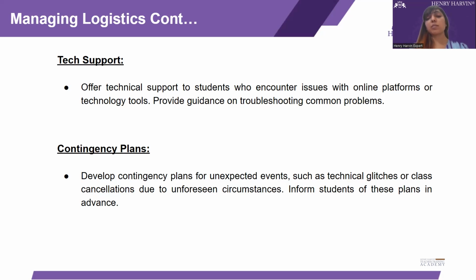Contingency plans. Develop such plans for unexpected events such as technical glitches, or class cancellations due to unforeseen circumstances. Inform students of these plans in advance. Okay. So at times there are certain plans that you create. Let's suppose you thought that today we'll have a listening session and you were planning to play certain videos and then go on with the class, asking them questions on that video.